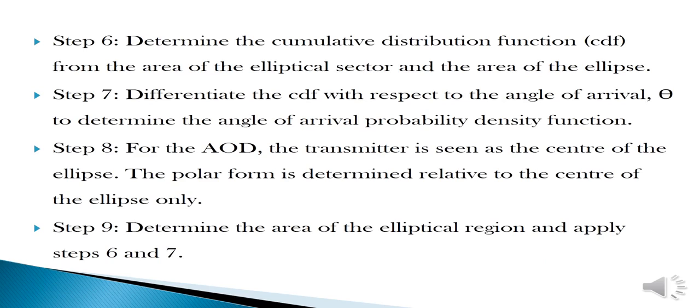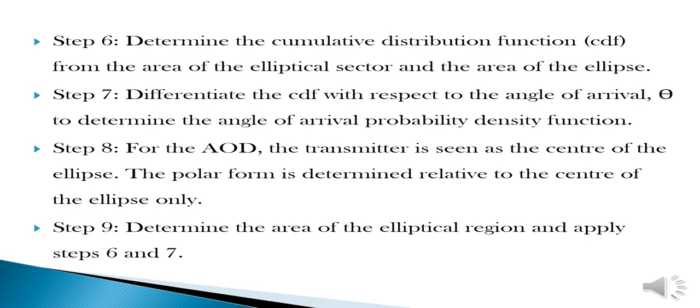First of all, like earlier stated, we have designed our physical model, and then we'll determine the CDF of the area of the elliptical sector for A and the area of the elliptical sector for B. To determine that, first of all, we're going to determine the full polar form of ellipse A and ellipse B. And since there are two disjoint events, we are going to add them up.